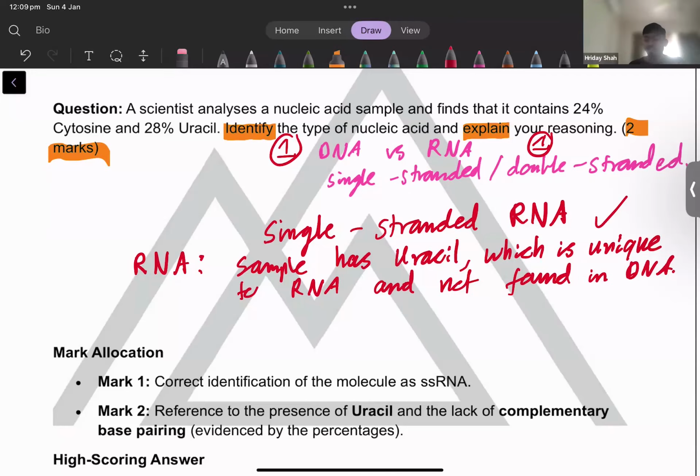Yes. So we need to justify both parts, right? So far, I've just justified that it's RNA. I haven't justified if it's single or double-stranded RNA. So I also need to justify why I am choosing single-stranded. So we haven't fully answered the question yet. It is single-stranded because of these percentages given, right?